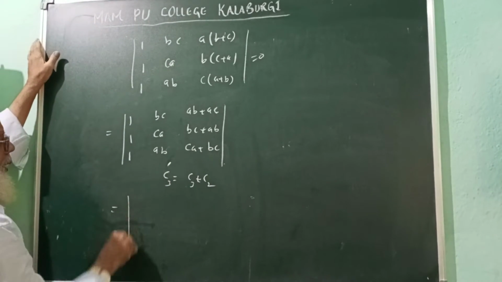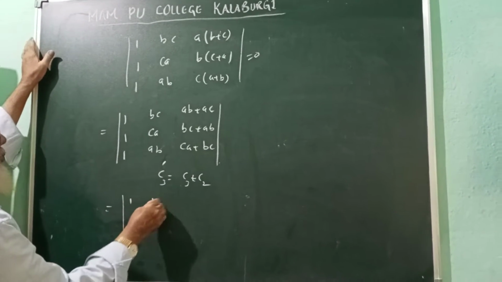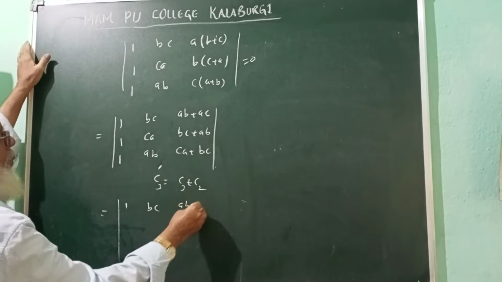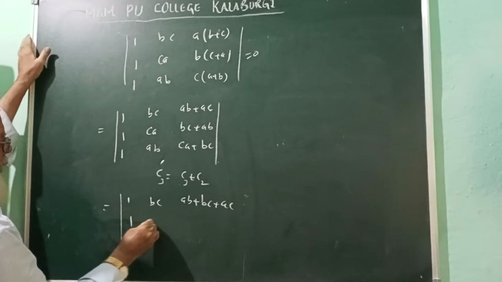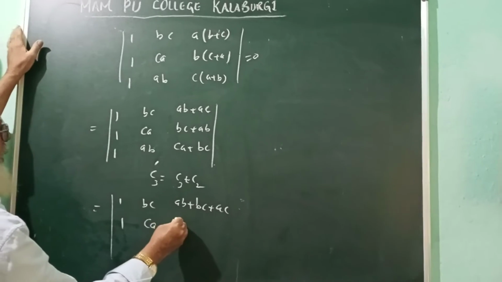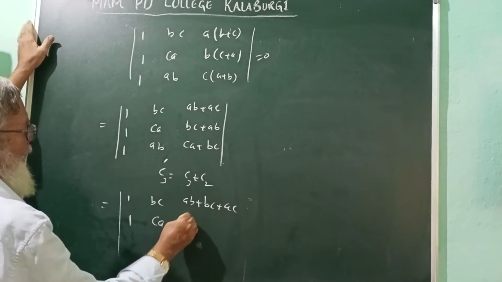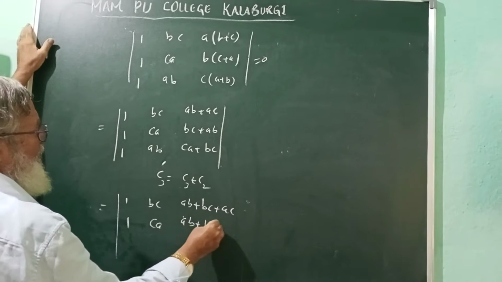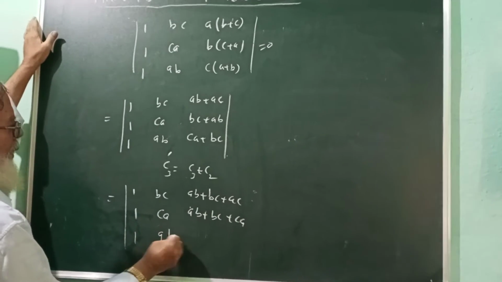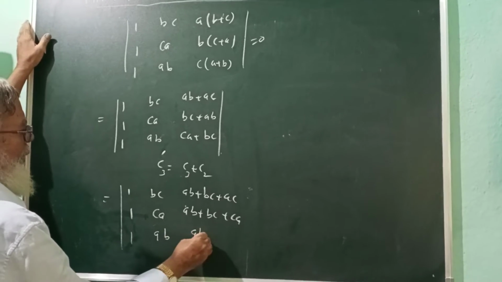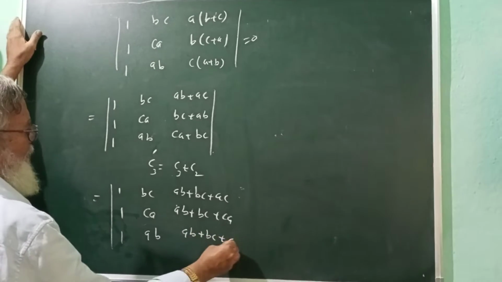So this will be 1, bc, ab plus bc plus ca; 1, ca, ab plus bc plus ca; 1, ab, ab plus bc plus ca.